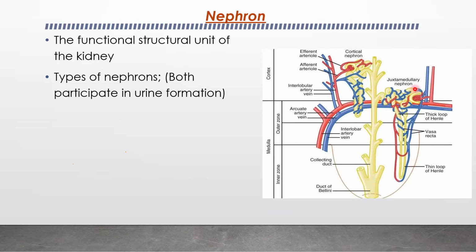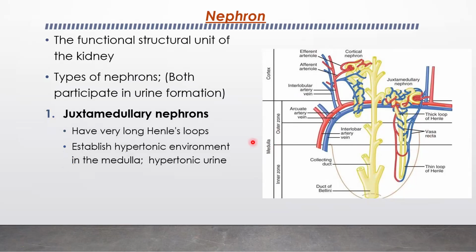Then the juxtamedullary nephrons, they have very long loops of Henle, and the loop of Henle is located in the medulla. As you can see here, very long loops of Henle. They are surrounded by vasa recta. And that's the reason why they can establish a hypertonic environment in the medulla and actually produce hypertonic urine.